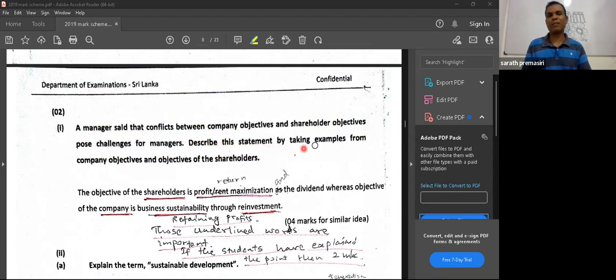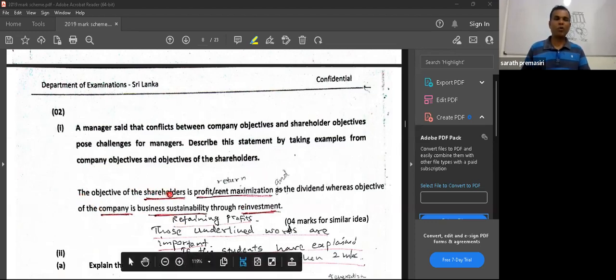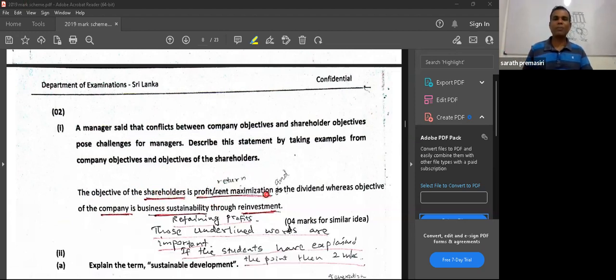Describe this statement by taking examples from company objectives and objectives of the shareholders. Look at that here. The objective of shareholders is profit, maximizing profit, or return maximization, and improving dividend, receiving dividend. Those are the objectives of the shareholders.